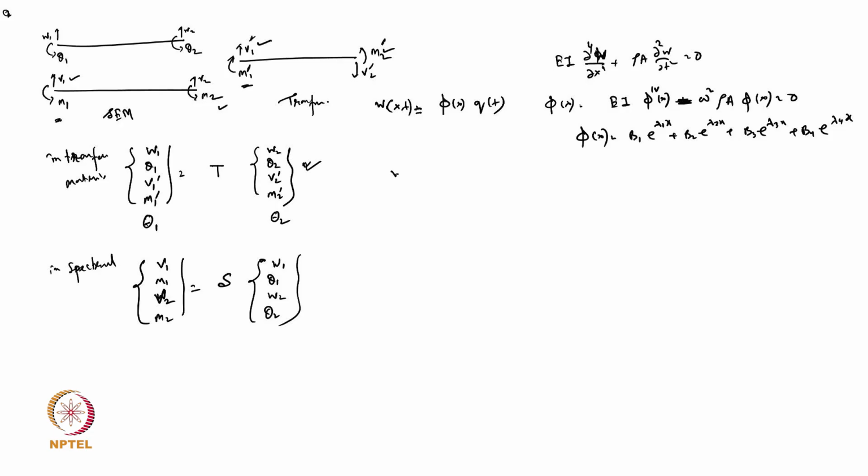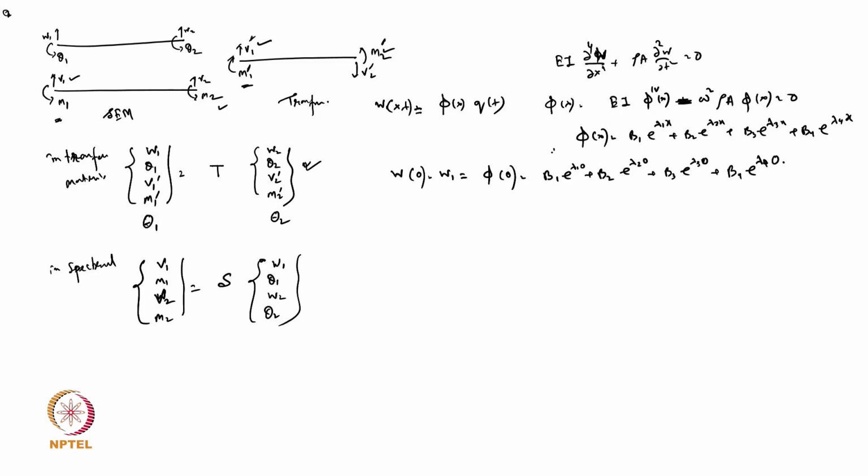Now if I try imposing the boundary conditions, w of 0, which is nothing but your w1, will be equal to phi of 0. So you are getting v1 e to the power of lambda 1 0 plus v2 e to the power of lambda 2 0 plus v3 e to the power of lambda 3 0 plus v4 e to the power of lambda 4 0.